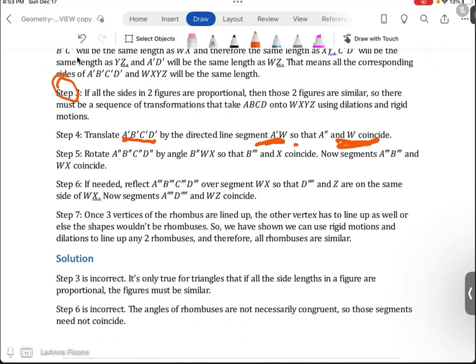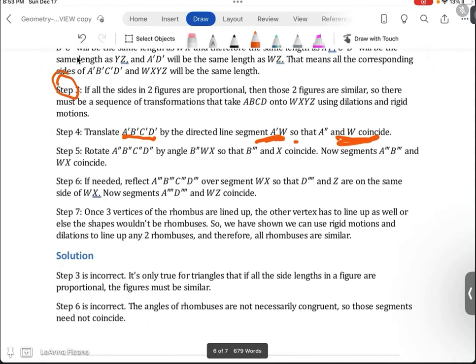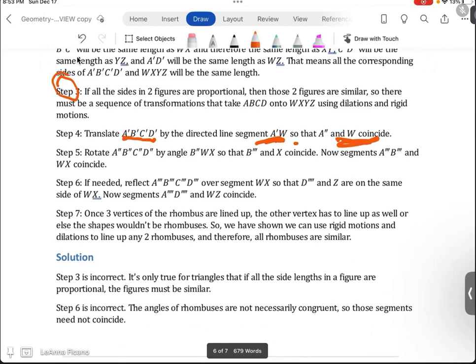Now segments A prime prime D prime prime and WZ coincide. So step 6 is actually incorrect because the angles of the rhombuses are not necessarily congruent. So their segments may not coincide correctly.